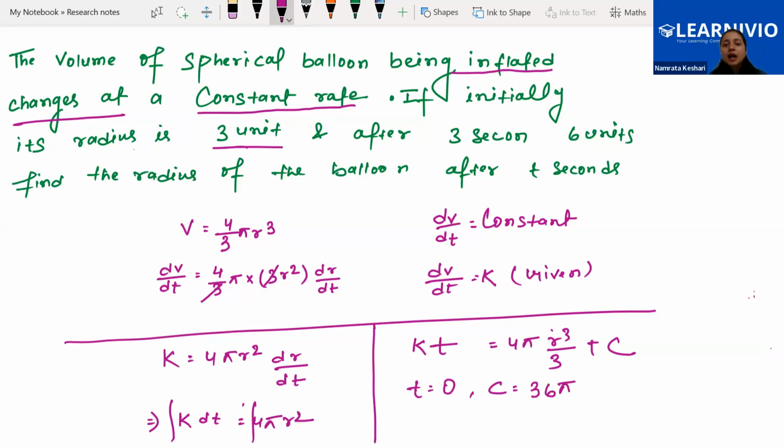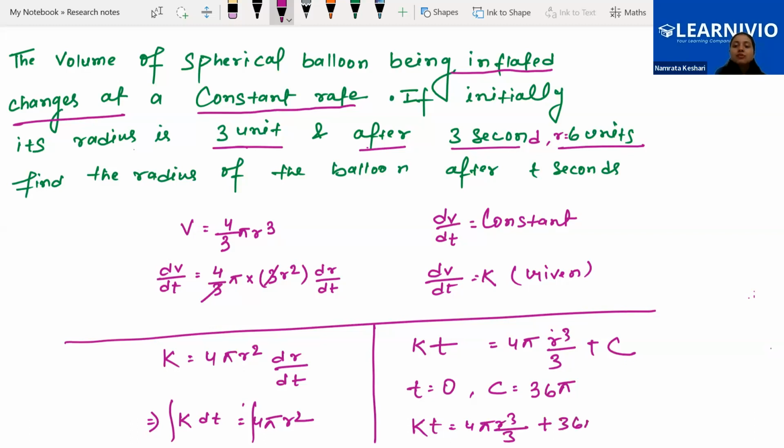Now it says that after 3 seconds the radius is 6 units. So this c value we will substitute back over here. We will get kt is equal to 4 pi r cube by 3, and then the c value is 36 pi.